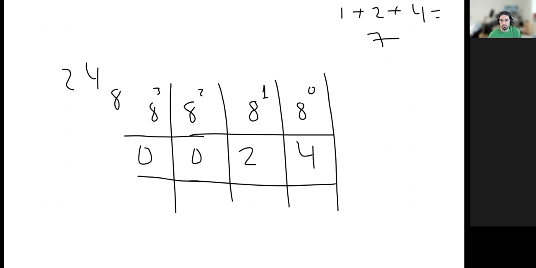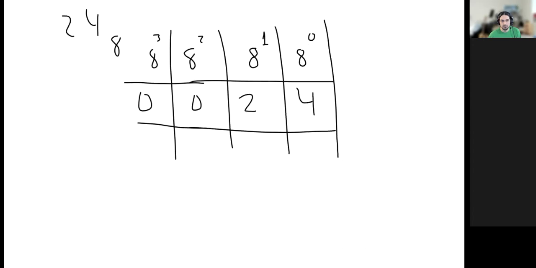So what you're going to do is take these two, multiply, and then sum with the product of the other ones.